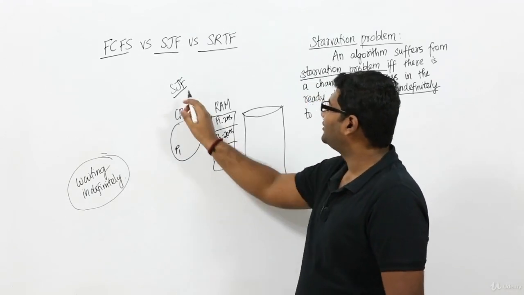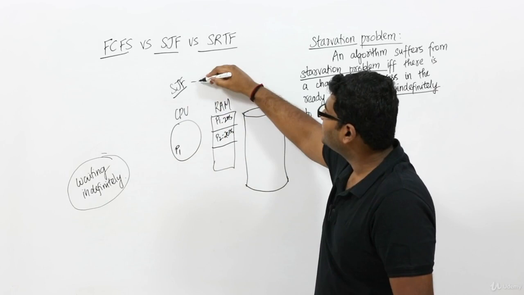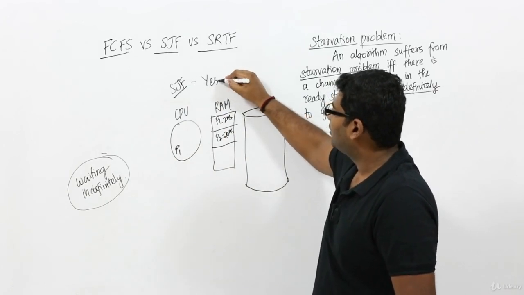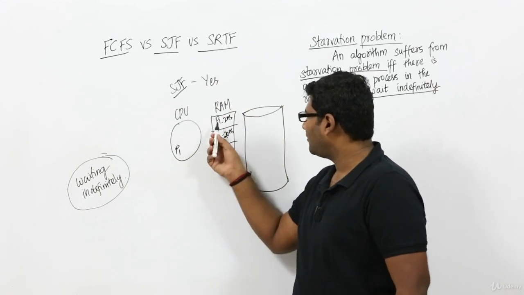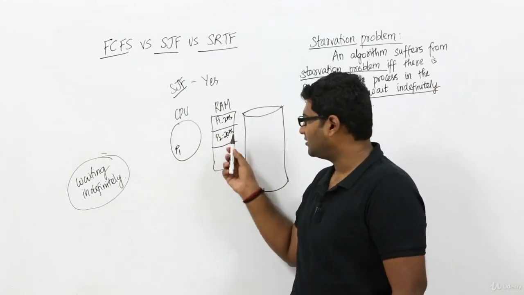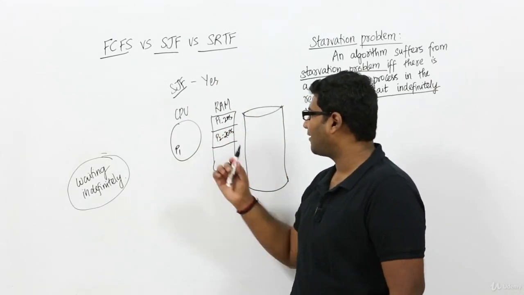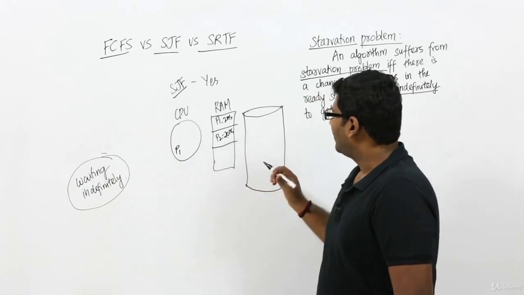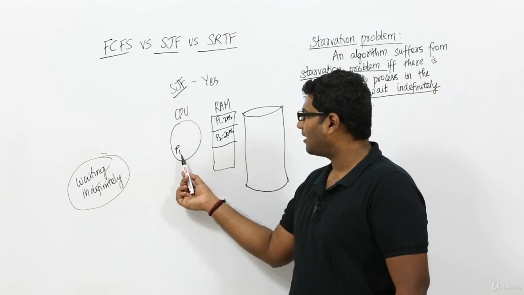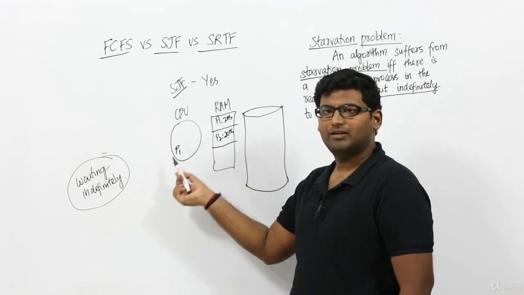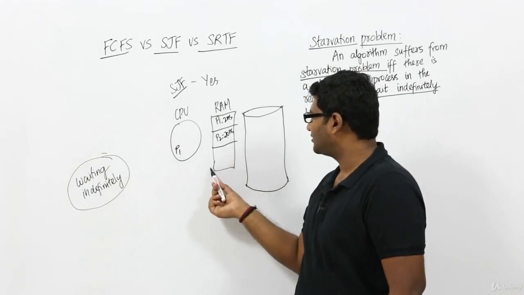In accordance with the SJF scheduling algorithm, the answer is definitely yes. How? As of now, process P1 has the highest priority, so it has been scheduled and is in running state. If P1 completes, P2 will be immediately scheduled, right? Because we don't have any other processes.